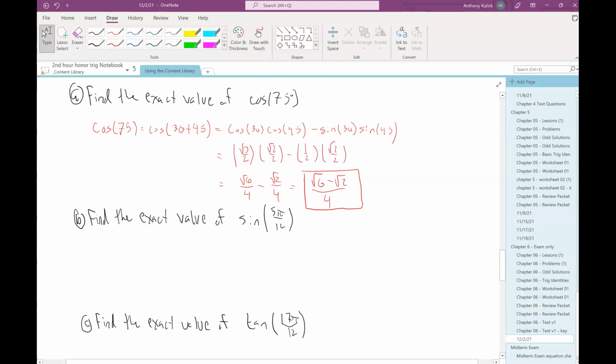So the next one, find the exact value of sine of 5 pi over 12. The same idea here, except it's a little bit more difficult to see what unit circle angles we're working with when it's written in radians with a fraction.